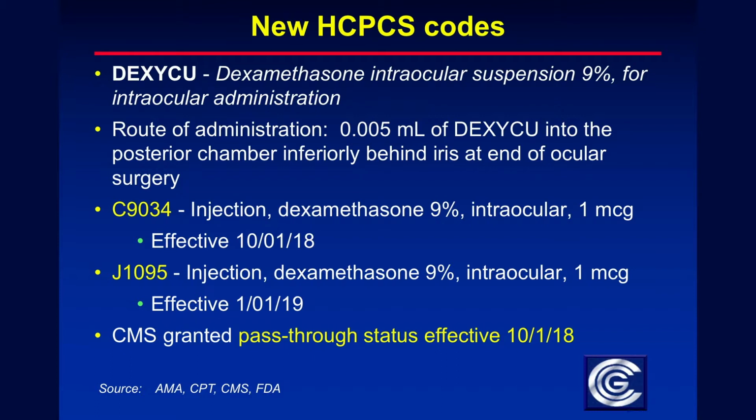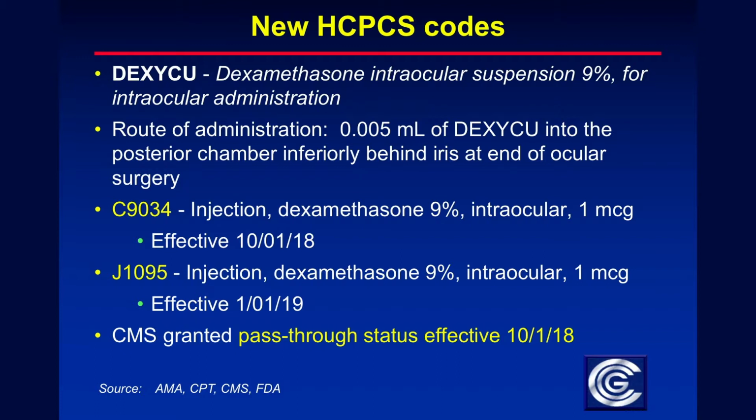On October 1, 2018, CMS granted transitional pass-through status for EyePoint Pharmaceuticals' new product, DEXYCU, dexamethasone intraocular suspension. 2 HCPCS codes were assigned, C9034 and J1095.